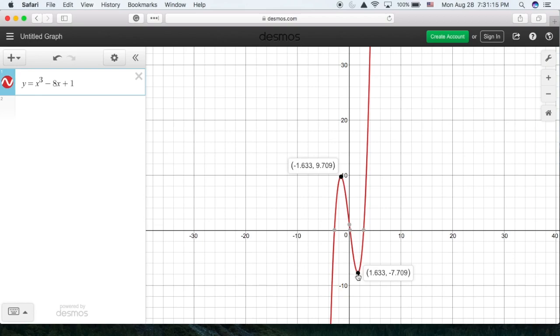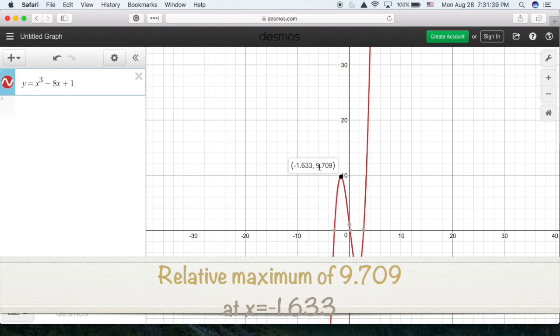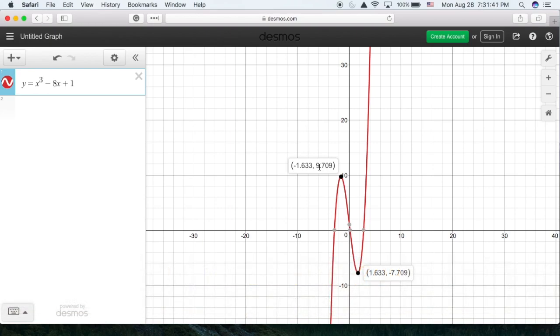But one further thing we can do is we see here the graph reaches a peak at x equals negative 1.633, and then it has a corresponding y value of 9.709. So we can actually say that 9.709 is a relative maximum of the graph that occurs at negative 1.633.